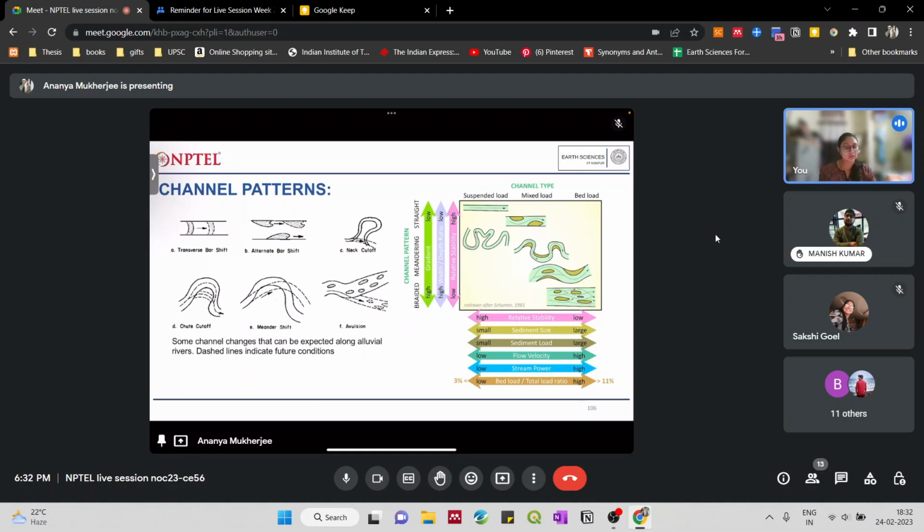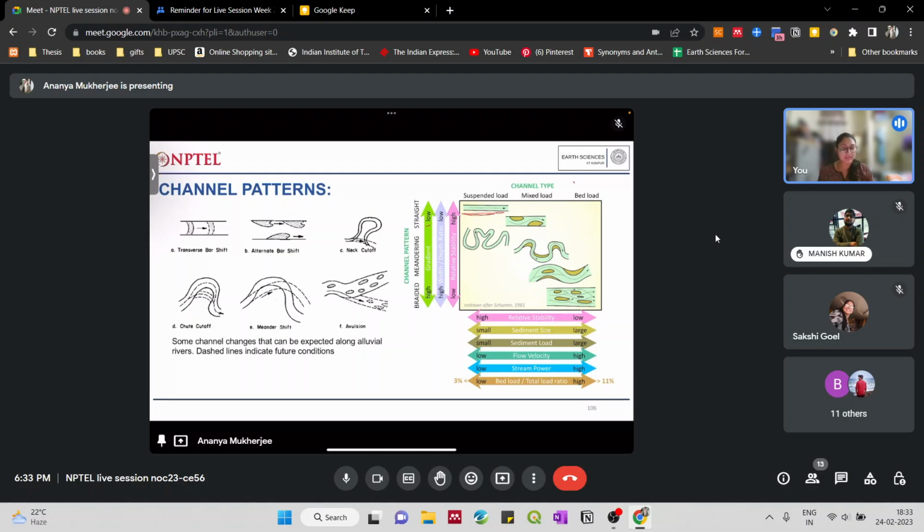The figure over here is Schumm's classification of the channel patterns. If you have more suspended load, flowing through a low gradient area, that is a flatter area, and the width and depth ratio is low, as in the width and the depth are almost similar, and the river channel is stable, there is not much instability in the erosive work and the depositional work, then this will be a straight channel.